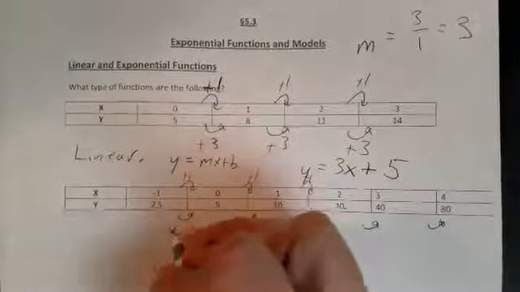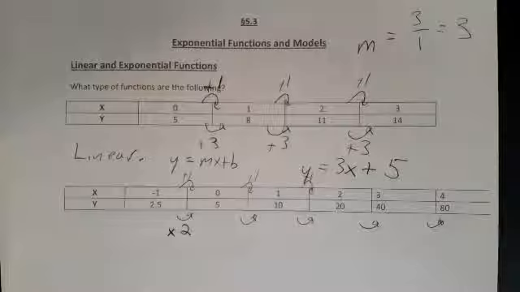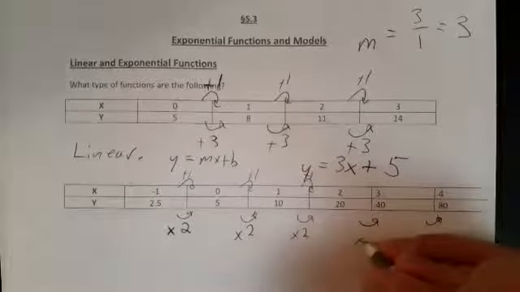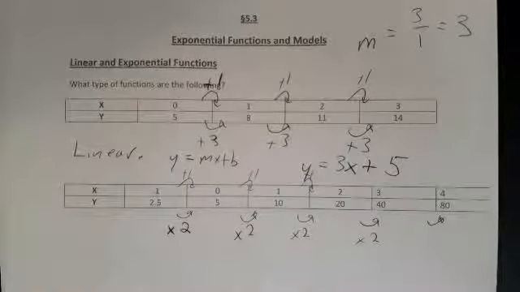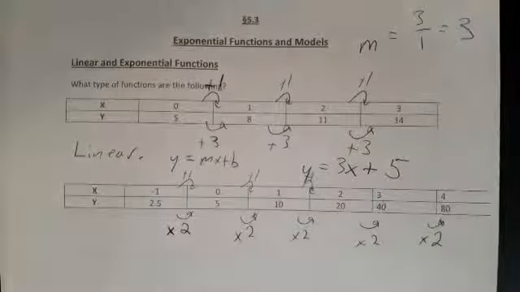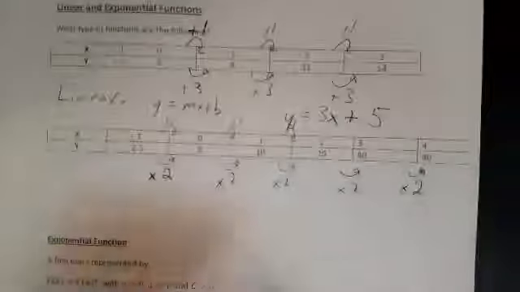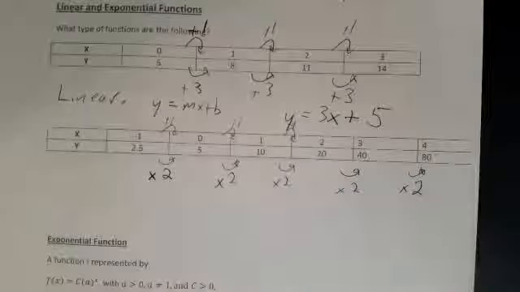So another way to think about this is you're multiplying it by 2. And if we think about these as multiplying by 2, you might notice each of these changes we can describe as multiply by 2.